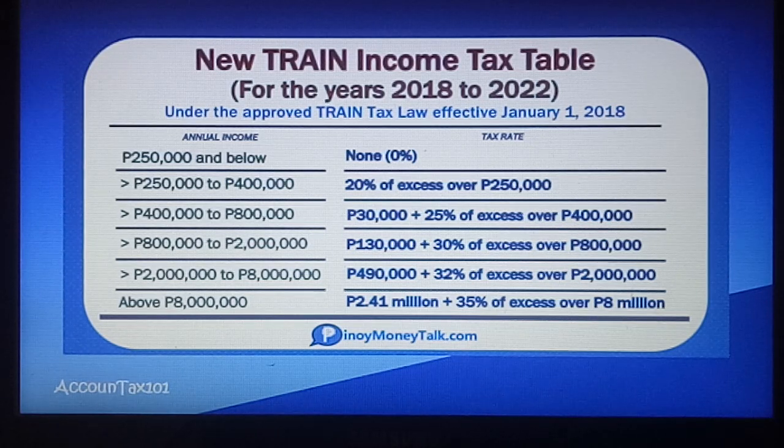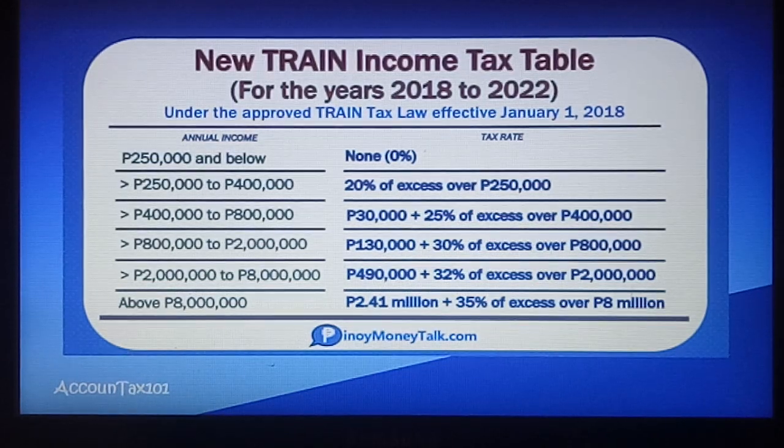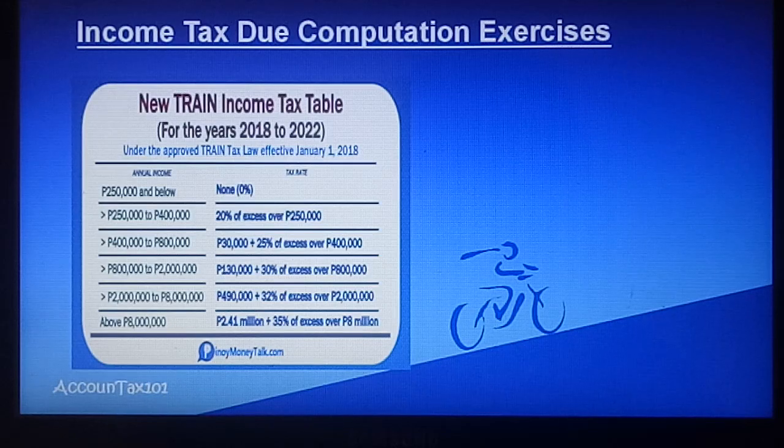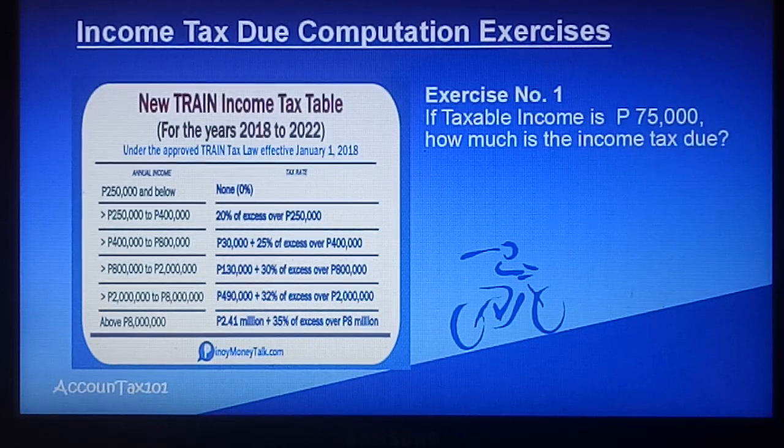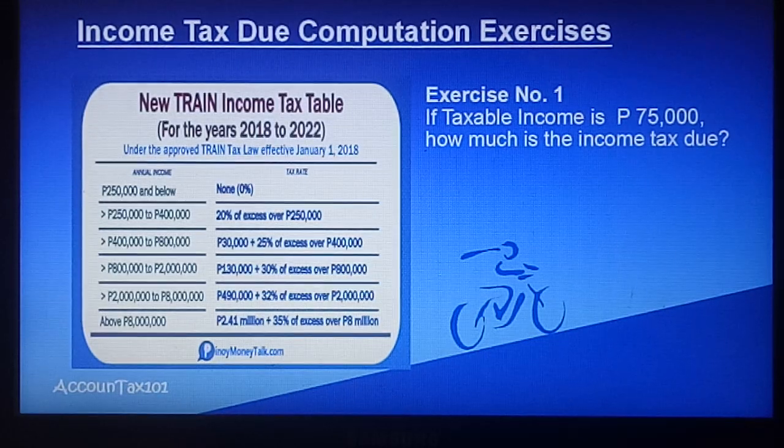So, paano ito ginagamit, mga account tax? Let us have some exercises. Okay, for example, if taxable income is 75,000. So, yung taxable income dito mga account tax, ito yung net income na kino-compute natin kanina.